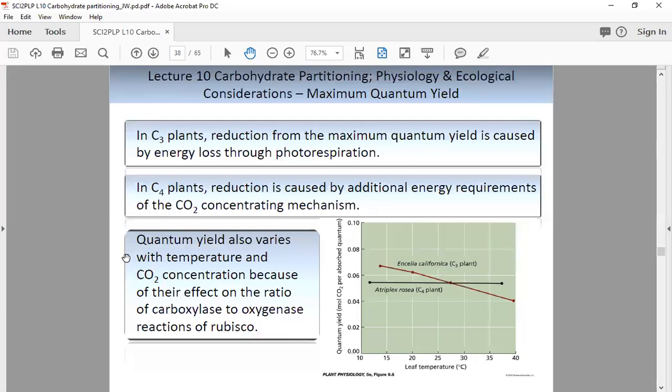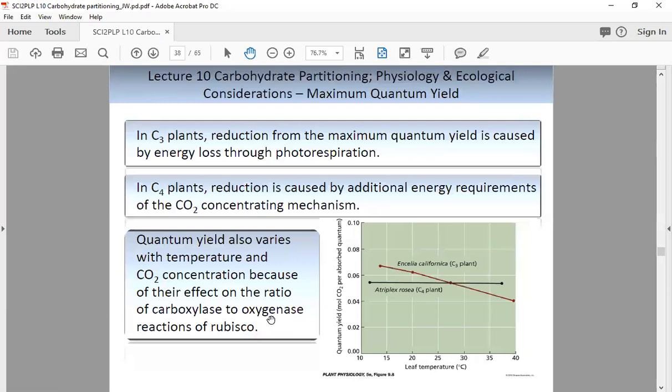So remember, Rubisco has an affinity for carbon dioxide, so it has the ability to carry out this carboxylase reaction that is fixing CO2, but it also has an affinity for oxygen, and this is called the oxygenase reaction of Rubisco.